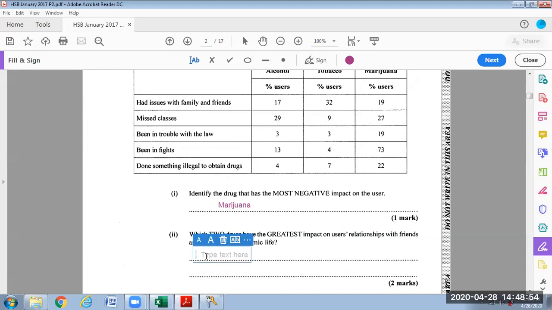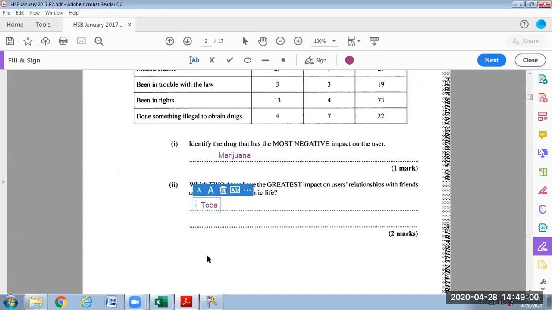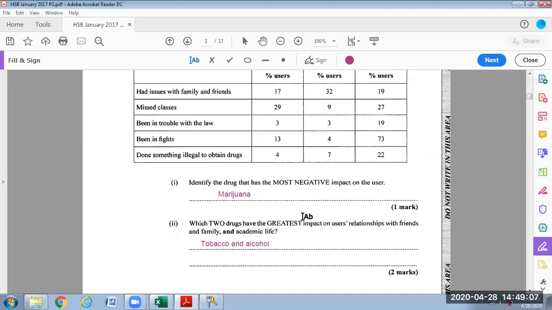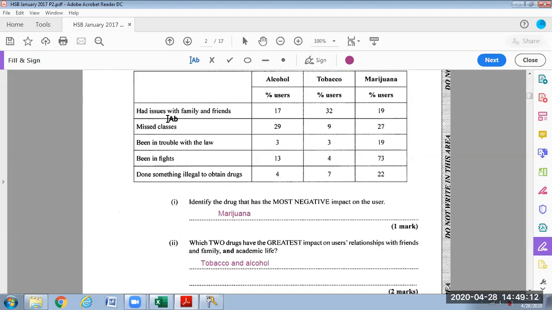Okay, so it will be tobacco and alcohol. Those are the greatest impact. For academic life, that would have been missed class. So 29% who uses alcohol had the greatest impact on academic life.